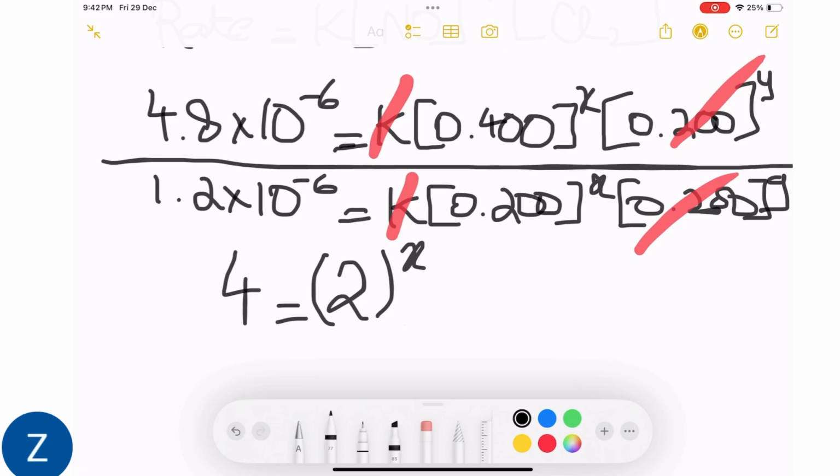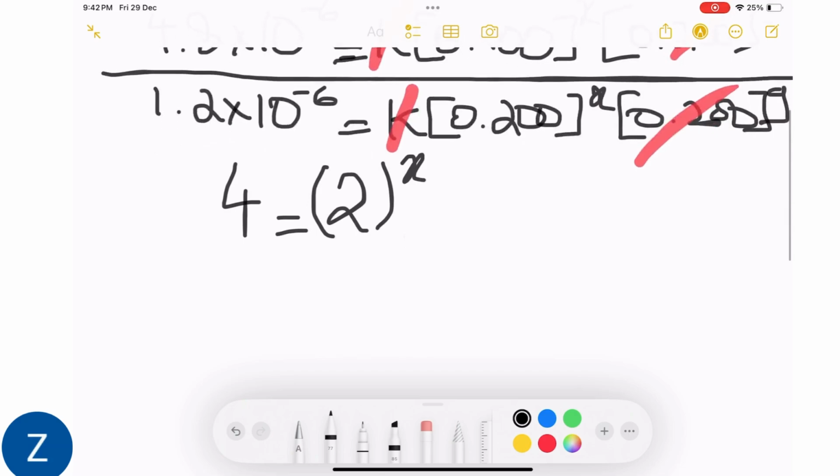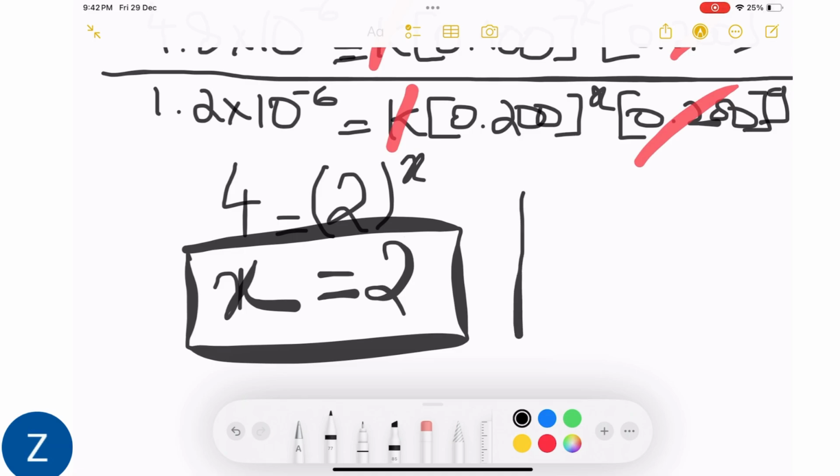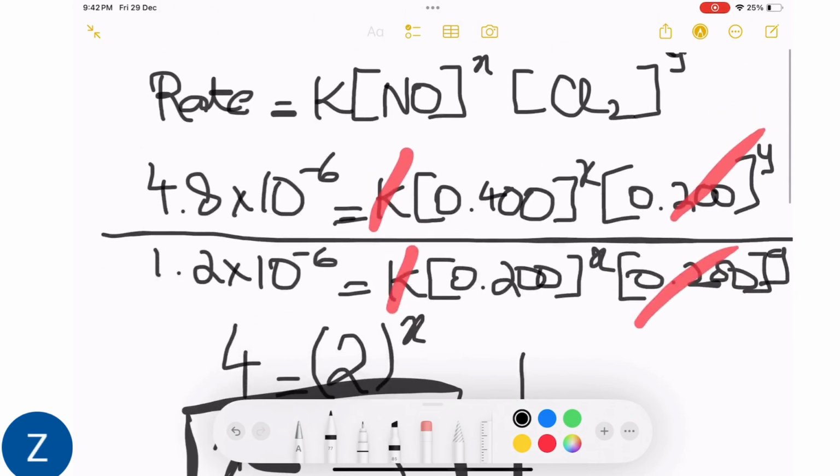So what if you wanted to do it mathematically and not just depend on your judgment? I would insist that we always use this method. What I did is that I took the rate and wrote the rate law as it is. Rate is equal to K, square brackets, NO, and because I'm trying to figure out the order, I have written an x over here.